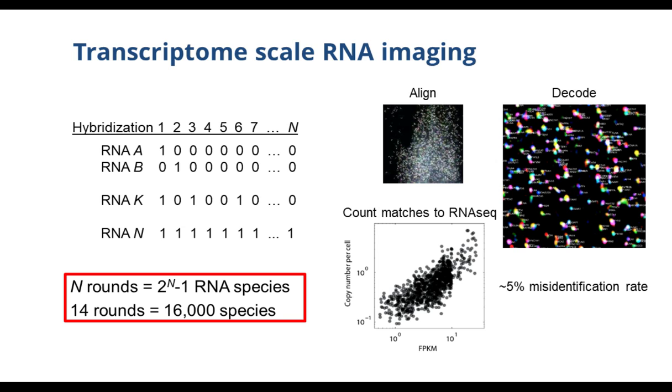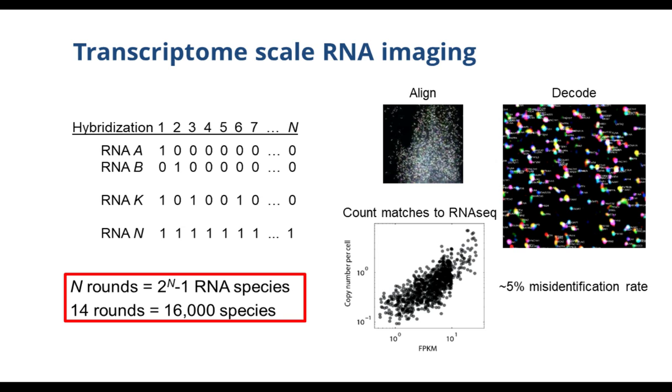If we imagine a 1 is when we label this particular RNA in one group, and a 0 is when we don't label it, we can see from this binary scheme that it scales exponentially with the number of hybridizations. So with not many rounds of imaging, in theory, we can assign barcodes to all the RNA and detect almost the whole transcriptome.